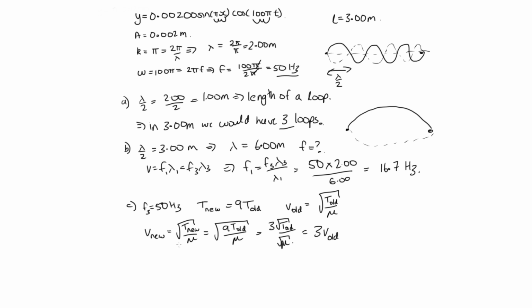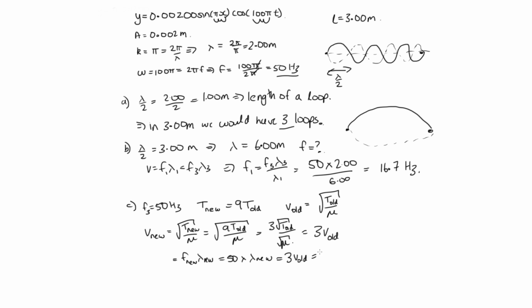And we know that v new, this is one equation for the wave on the string. We also have that it's equal to f new λ new. And so our new frequency, well, the frequency remains the same. It's still 50 hertz. So this will be 50 times λ new is equal to 3 times v old.